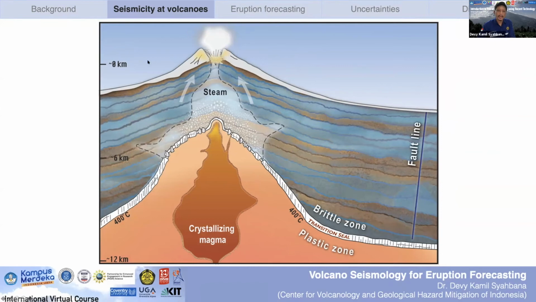If your volcano normally does not degas, then if there is degassing, it means that this kind of process could be happening. If your volcano is always in degassing mode, then this degassing is a background process.